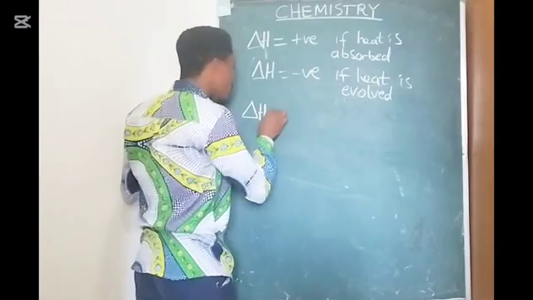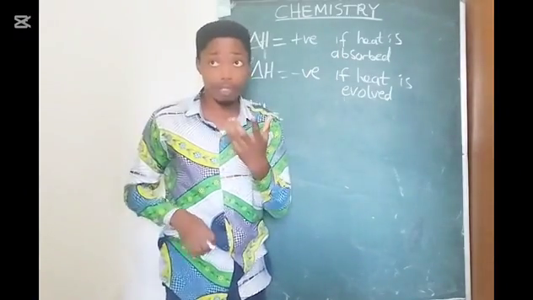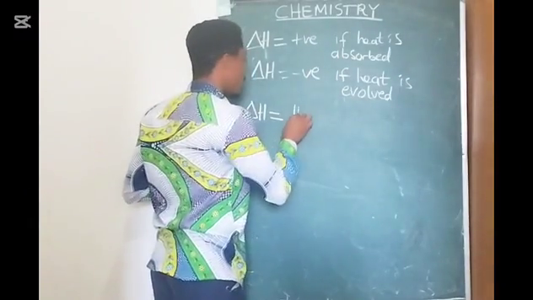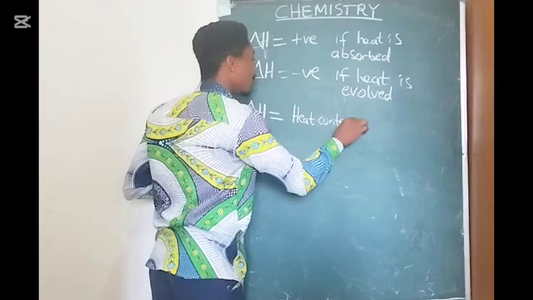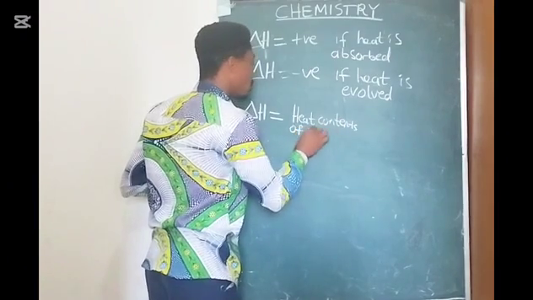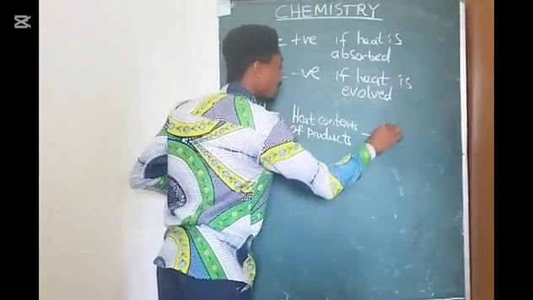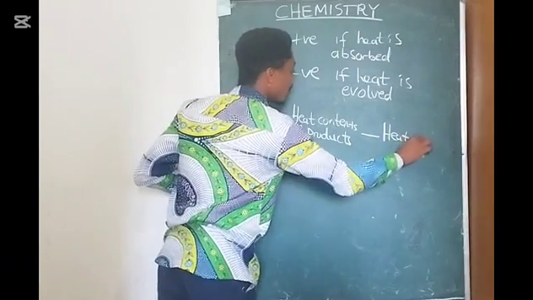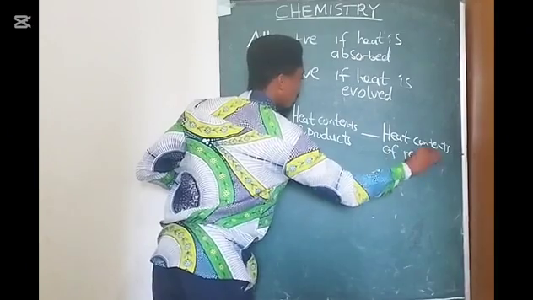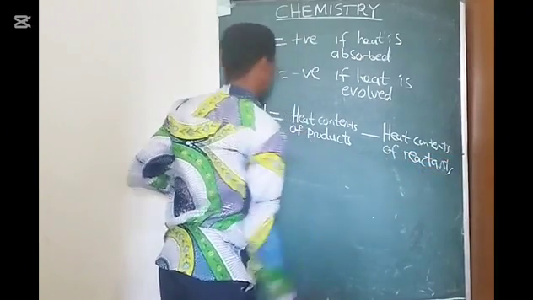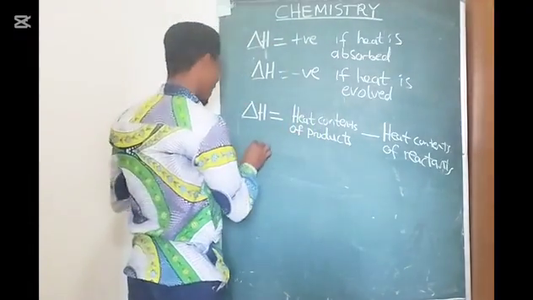This is to say that delta H, that's the heat of reaction, the formula for heat of reaction that I'm presenting to you, is given as heat content of product minus the heat content of reactants.